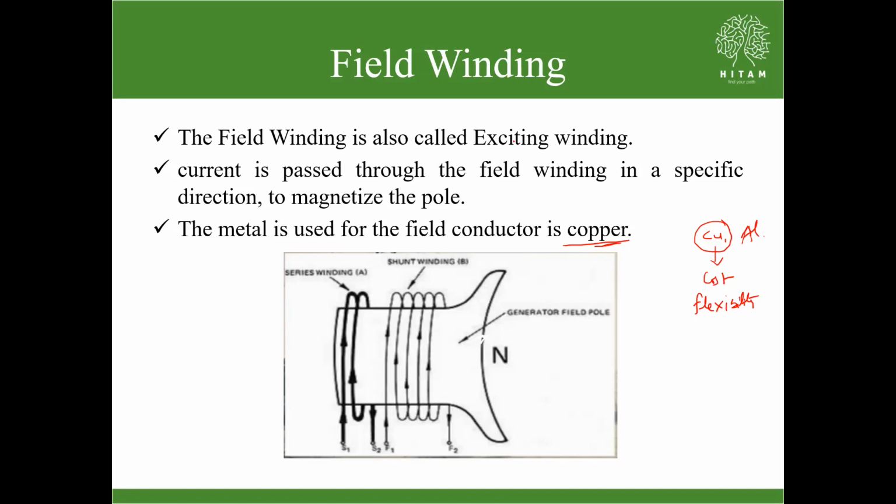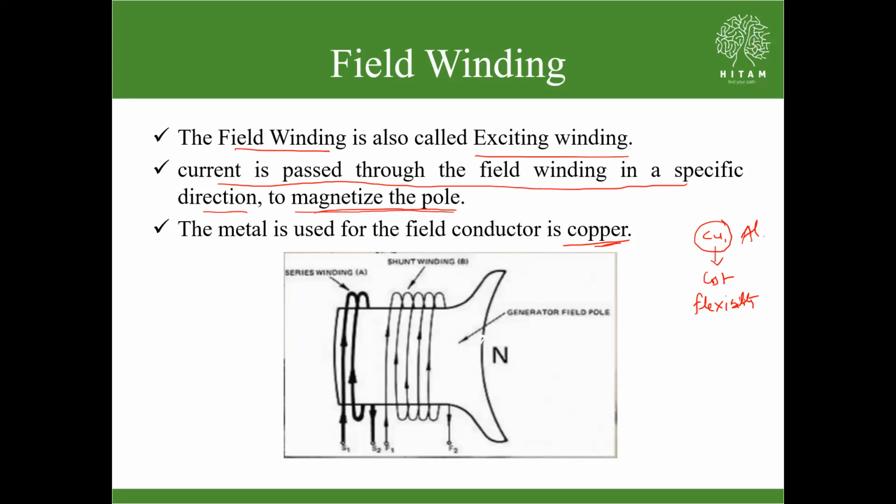So this field winding we also call the excitation winding, where excitation is also called input. Simply the input, or we can also call it excitation. So what is the purpose of this field winding? The current passed through the field winding in a specific direction magnetizes the pole, in order to produce the magnetic field, the flux lines, right?